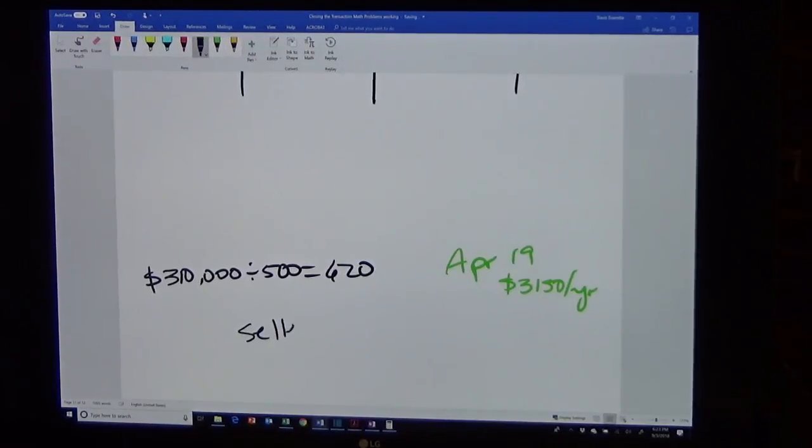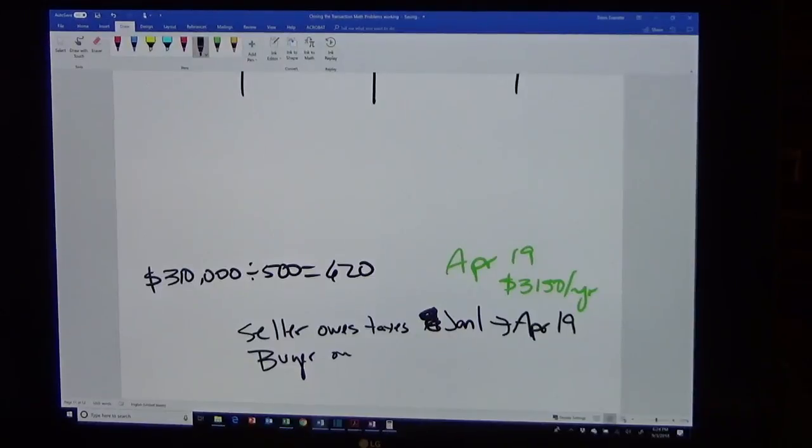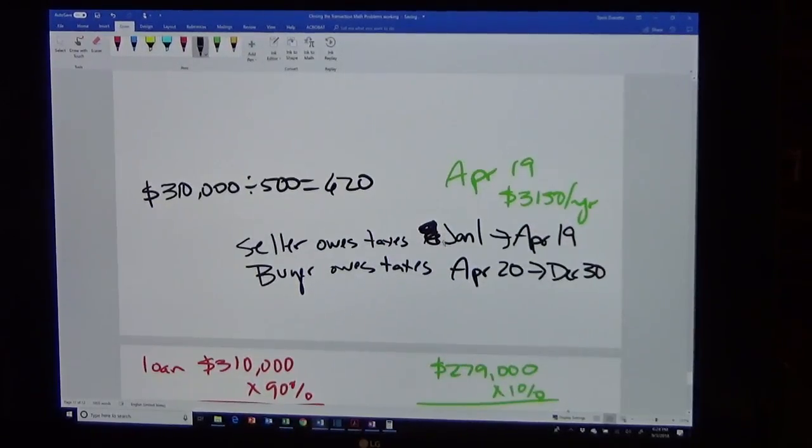The seller owes taxes from January 1 through April 19th. The buyer owes taxes from April 20th through December 30th. And we want to do the seller side first. It's always easier to do the seller side first. So the seller owes taxes for all of January, February, March, and 19 days in April.